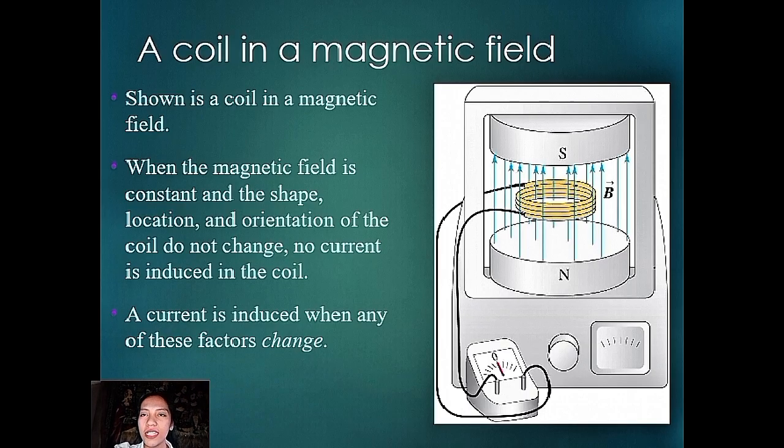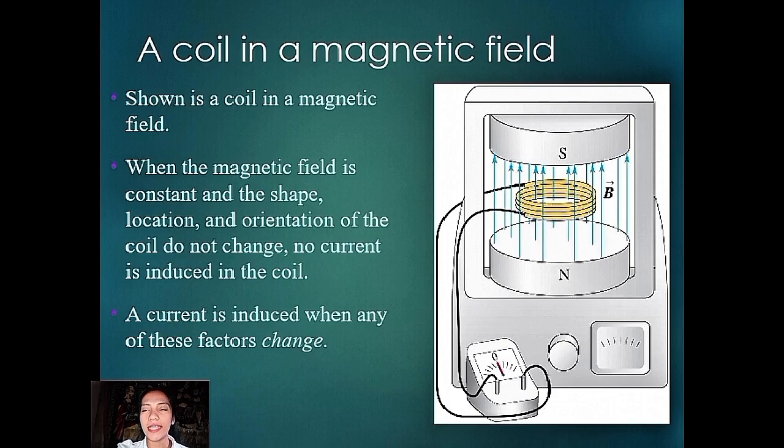However, a current is induced if there is a change in the environment, or a change in the strength of the magnetic field, the orientation, the area, or the position of the coil. This highlights that induction depends on changes, not static conditions.